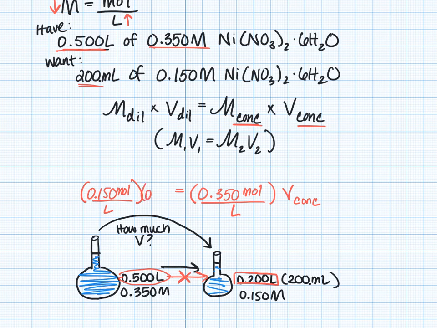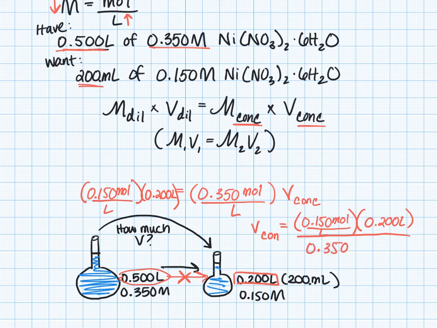So I'm going to put 0.200 liters, and I'm going to compute that. So I'm going to solve for V concentrated. That's going to equal 0.150 moles per liter times 0.200 liters all over 0.350 moles per liter.